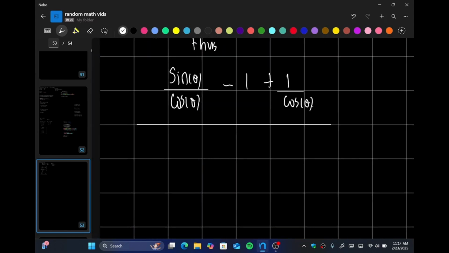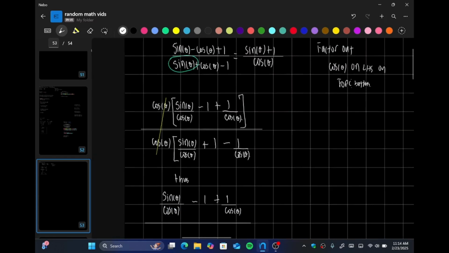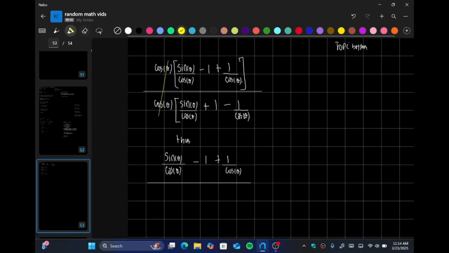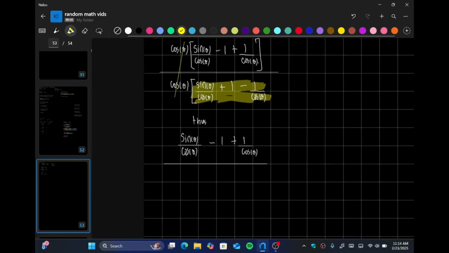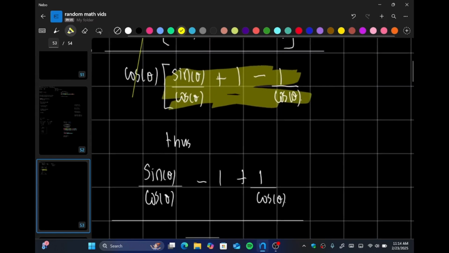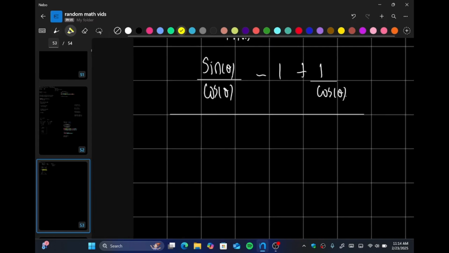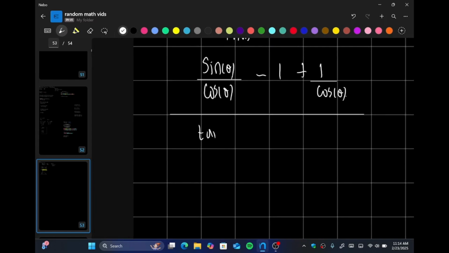And actually, guys, we're going to go ahead and rewrite this as tan theta plus 1 minus secant theta, okay? So we're going to say tan theta plus 1 minus secant theta.